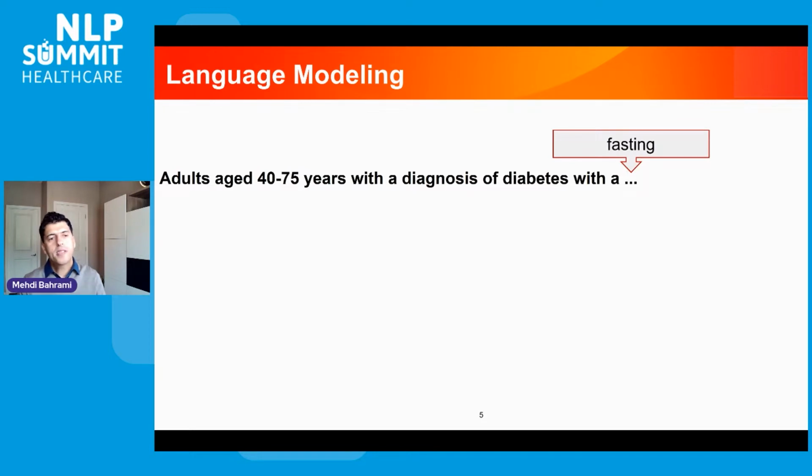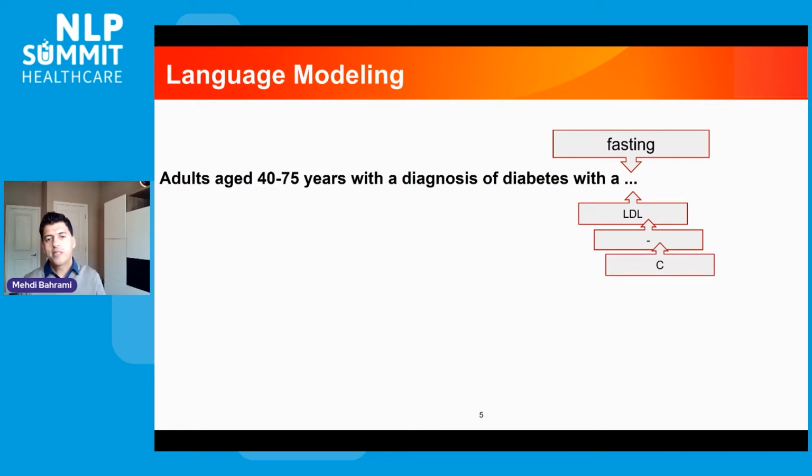If we process different texts from a large corpus, we could see there is fasting, there is LDL, and we can continue this approach for the next word.